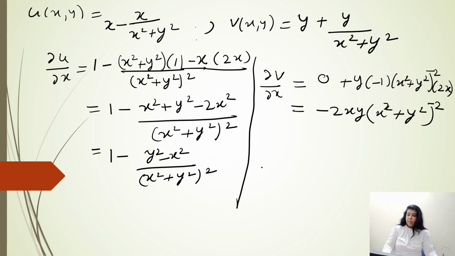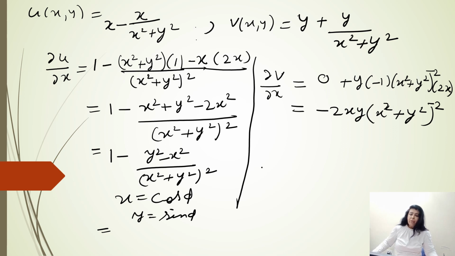Now it is given to us that x is cos phi and y is sin phi. These are the points given to us. So we will substitute these over here and solve it out.